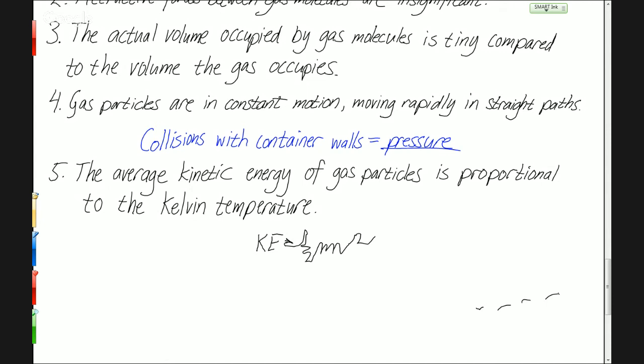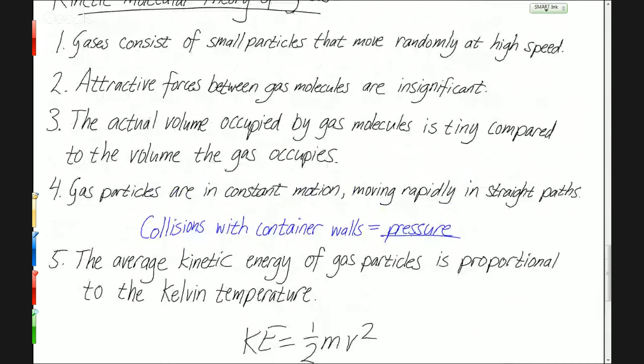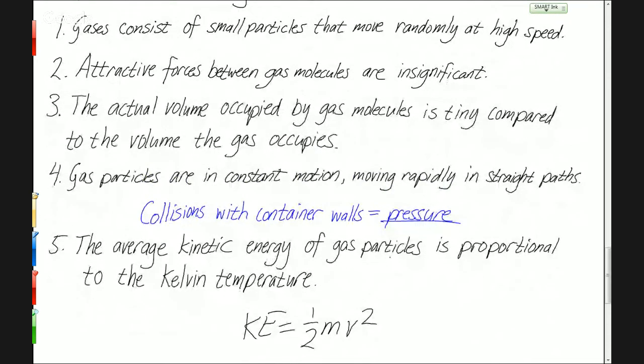Yeah. Okay, so let's fix this terrible equation. There's our kinetic energy. So we can say these things that we just talked about. All right, so these are all the tenets of the kinetic molecular theory of gases.